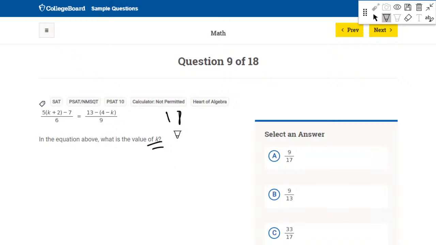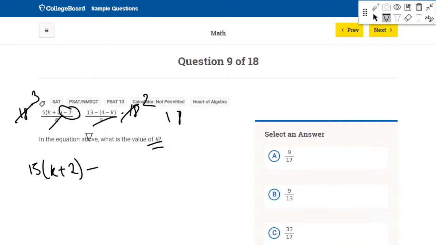So I will multiply each side by 18, and by that I will get rid of the denominators. So if I multiply this side by 18, I get rid of 6, and here it's 3, and here it's 2. So 3 multiplied by 5 is 15k plus 2, minus 3 multiplied by 7 gives me minus 21, equals 2 multiplied by 13, it's 26, minus 2 multiplied by 4 minus k.